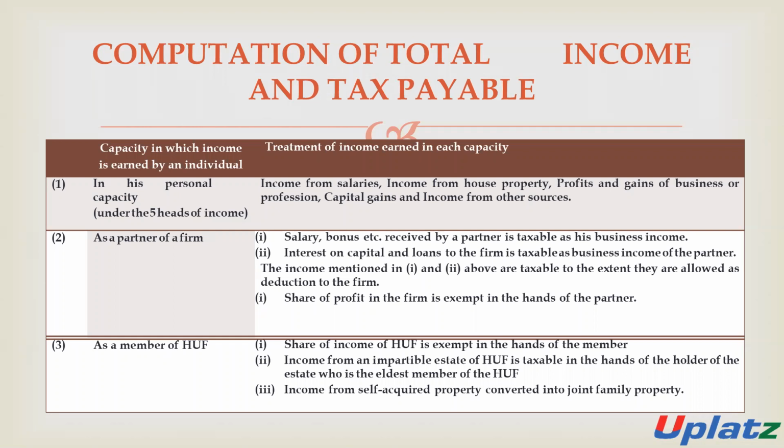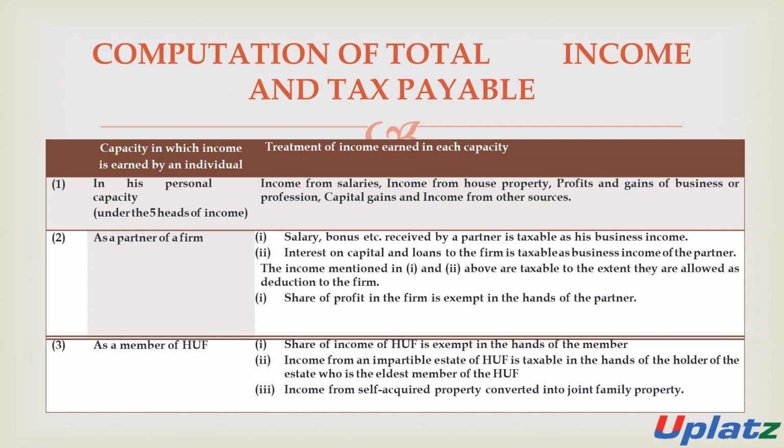Means if the HUF earns any income from an impartible estate, then it will be taxable in the hands of the person who is the holder of such estate, the eldest member, who is the karta of such HUF.